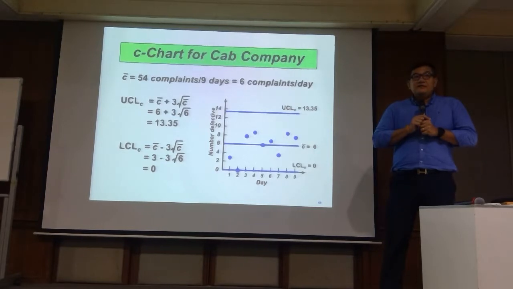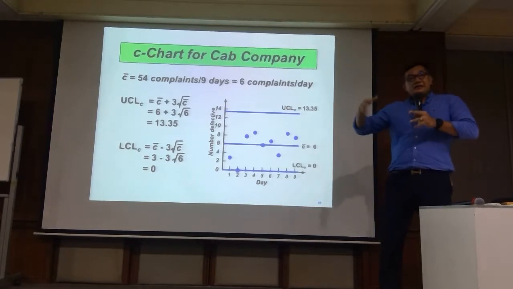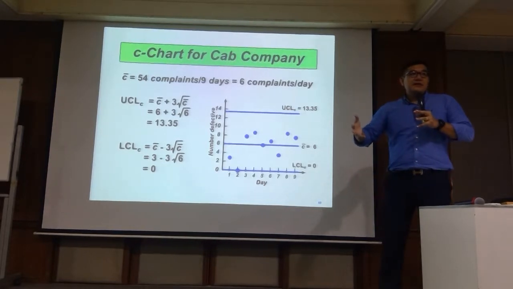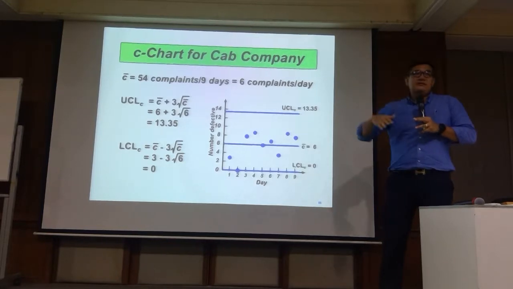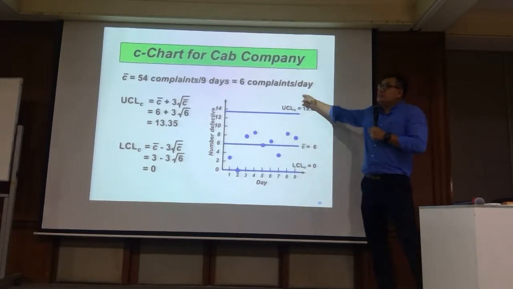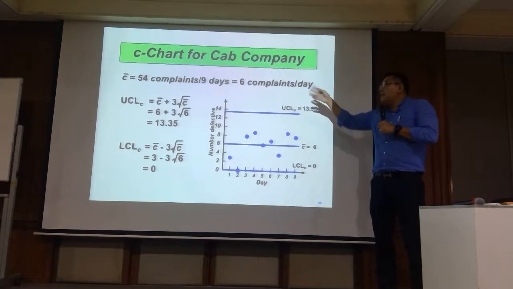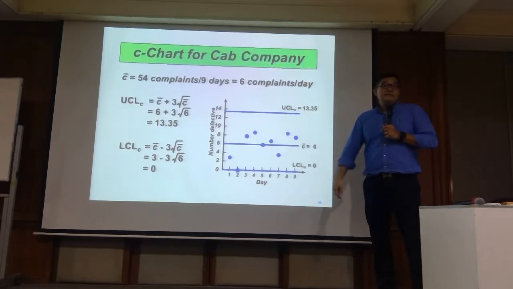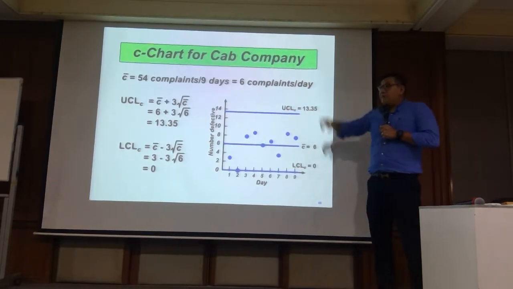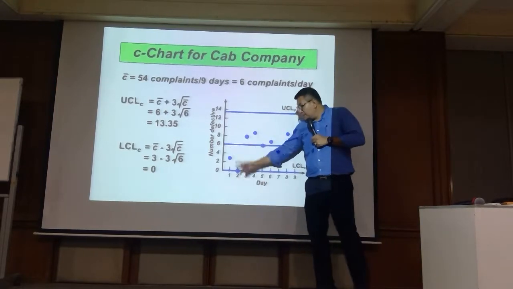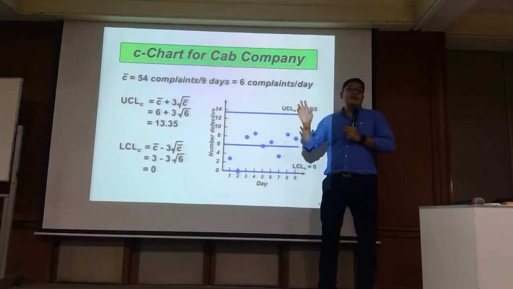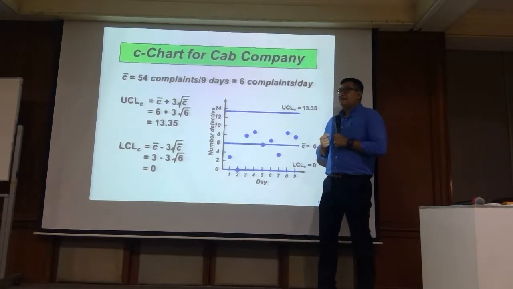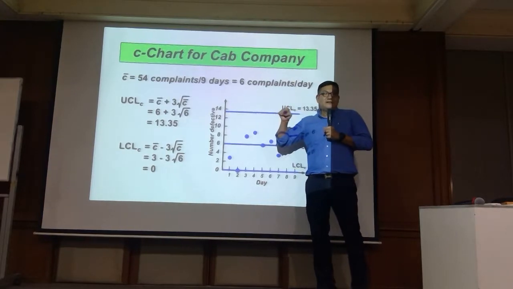So you need to make the sampling first, and see the fraction. That would be the P chart. But for the C chart, we don't care, because our unit is per day. We're counting all of them for 1 day. We have 3, 0, 7, 8, something like that. But for the P chart, you need to make the sampling.